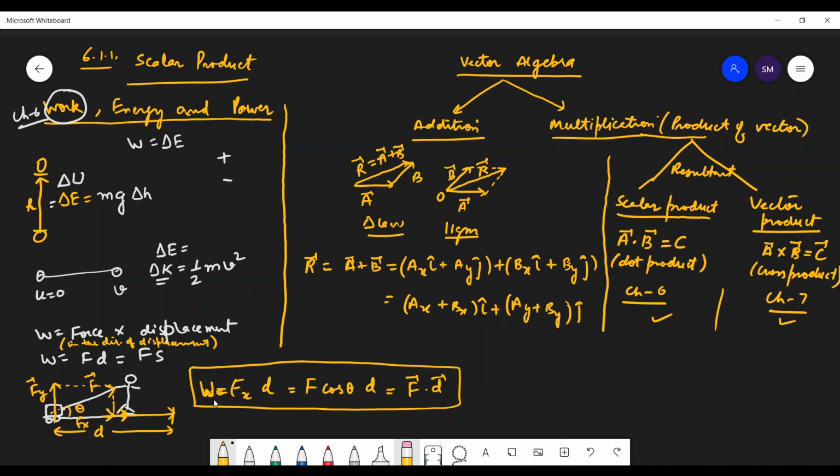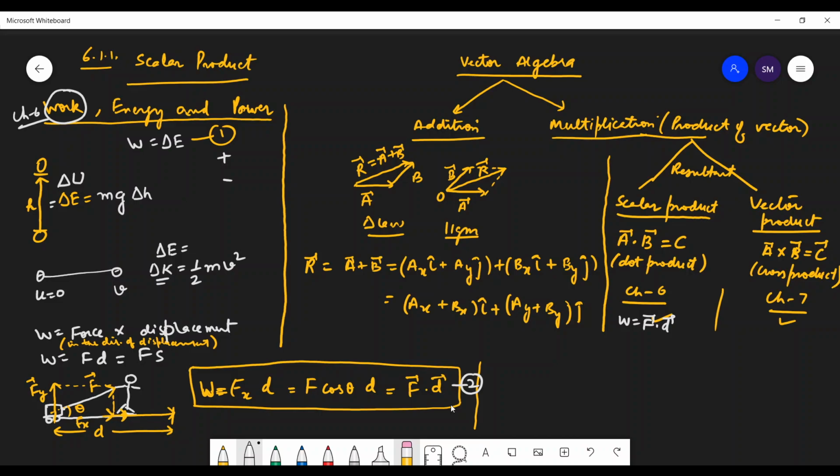So these are the two important things that I have discussed. One is what is work. Work is change in energy, and another definition of work is F dot d, the scalar product that we are going to deal with in this chapter, F dot d.